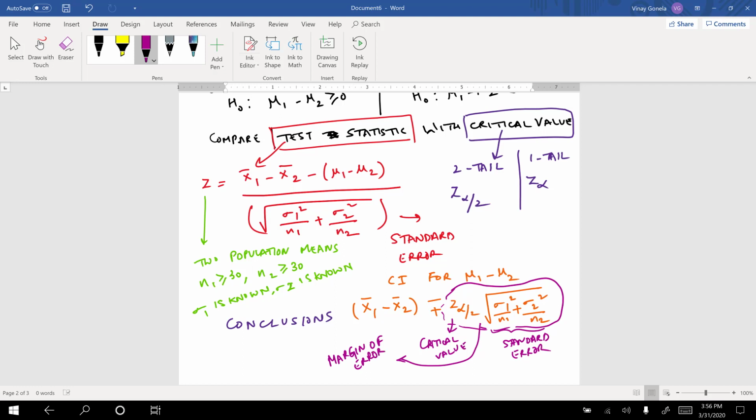So we can use the same confidence interval also to compare two different populations. I will try to take a problem and solve it. I will use a two-tail problem to solve it.